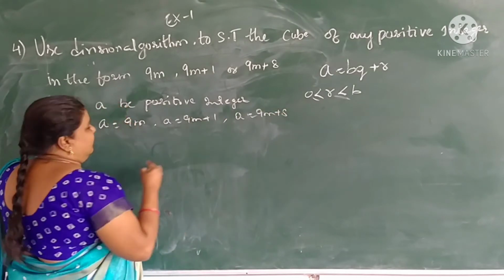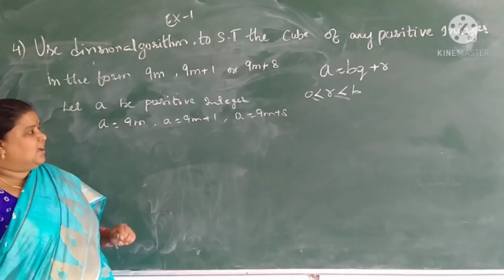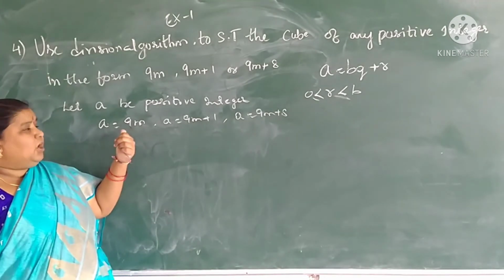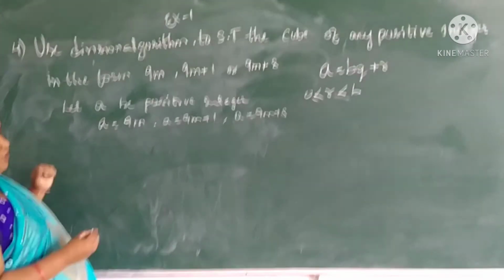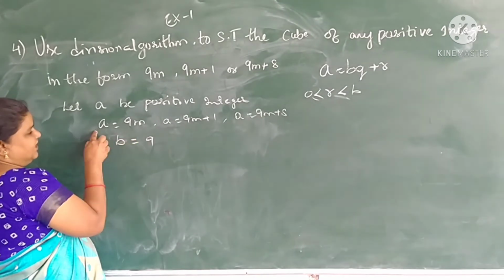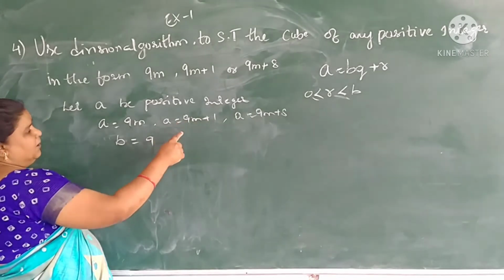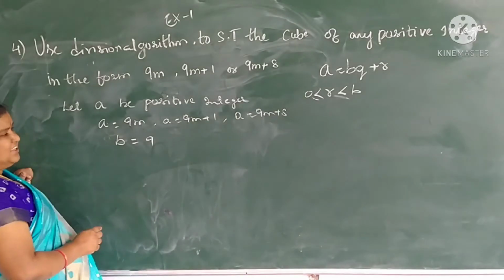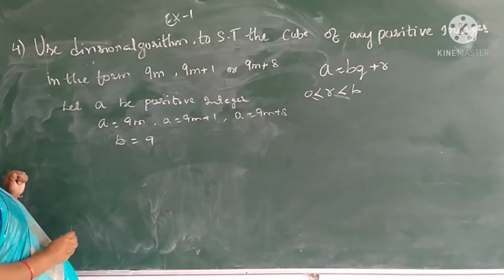If you compare it like this with the form a is equal to bq plus r, what is the value of b? b is equal to 9. Why? Because a is 9m, 9m plus 1, that is bq plus 1, or bq plus 8 like that. So we take b is equal to 9.